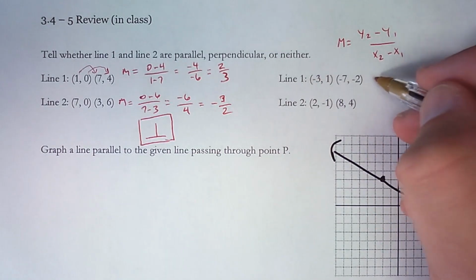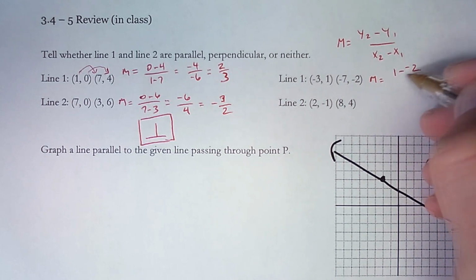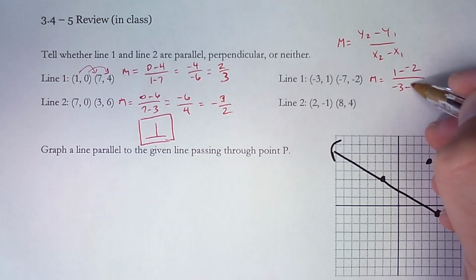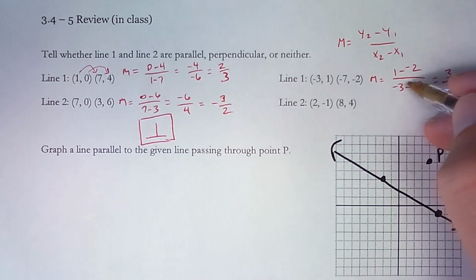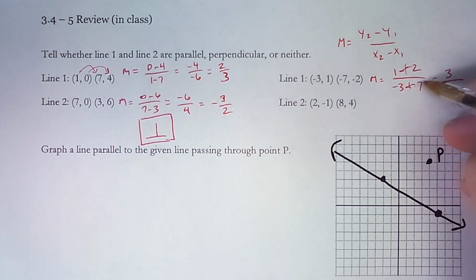Okay, next set of lines. Slope is y minus y, 1 minus negative 2, over x minus x, negative 3 minus negative 7. So that's 3 over, and then that minus negative is plus. Negative 3 plus 7 is 4, so I get a slope of 3/4.